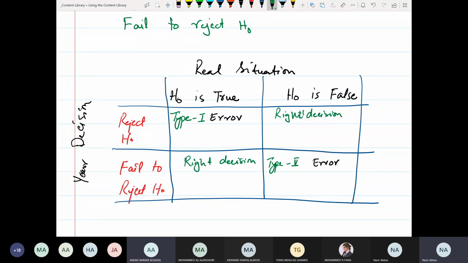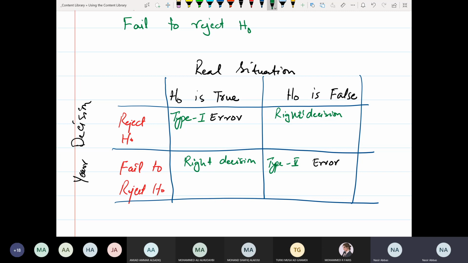Which one is more serious? We don't know. Both of them are serious. In hypothesis testing, if you try to minimize the probability of one of these errors, the second one will start to go up. And if you try to minimize the second one, the first one will start going up.